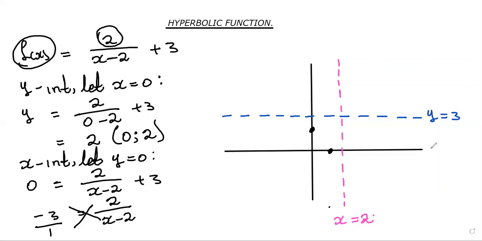That's fine. You label your axes like that. Show us this is the y-axis, and this one is the x-axis. So what did we say? We said the value of a is positive. We are expecting the first arm to be here, the second arm to be there. So this is how it's going to look.